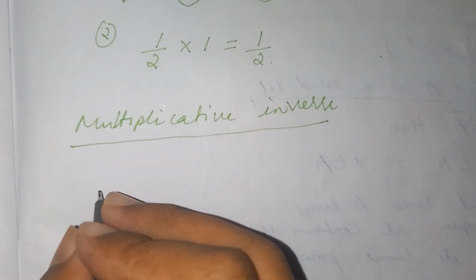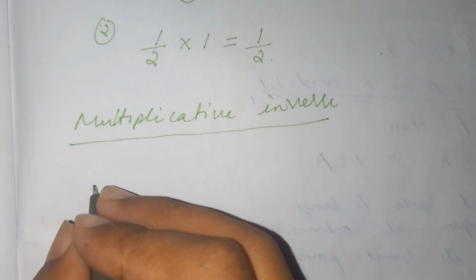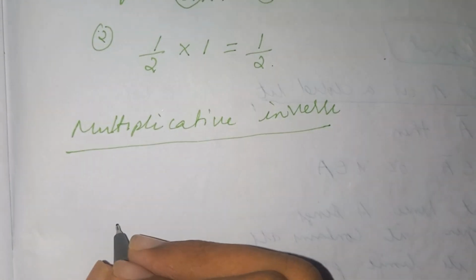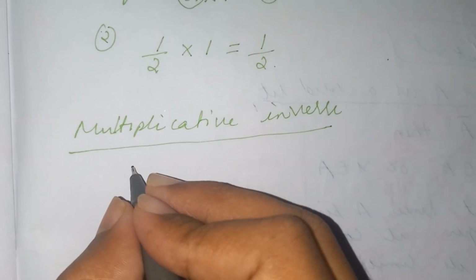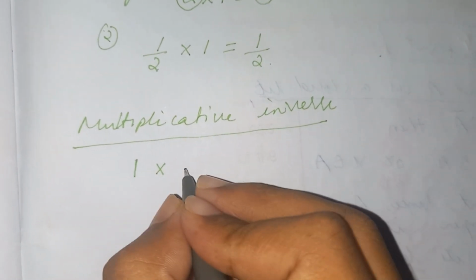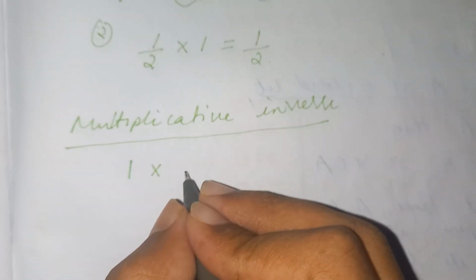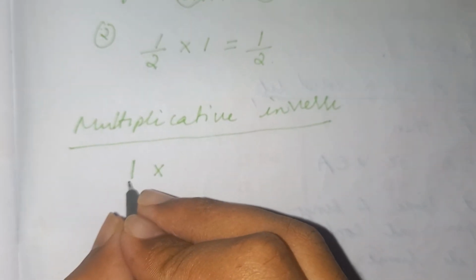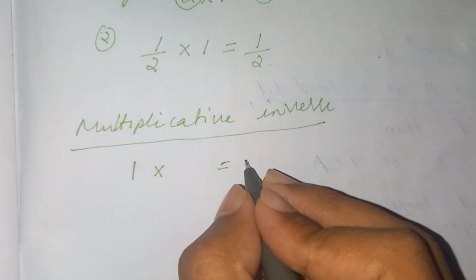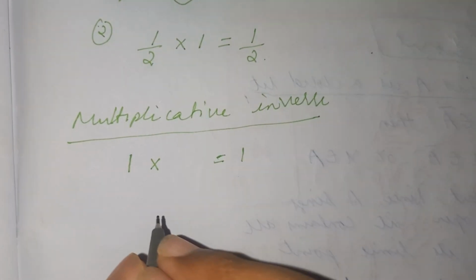We'll be defining it with this: if you multiply 1 with such a number, the outcome is the identity itself.